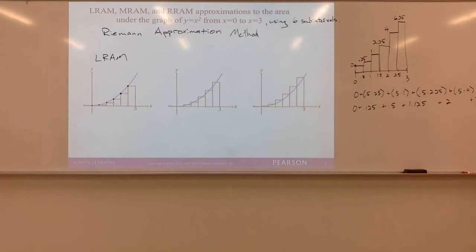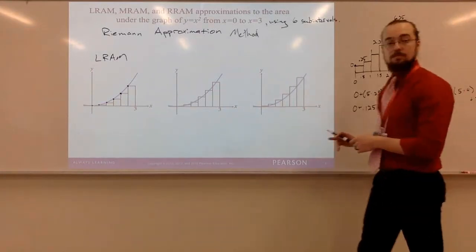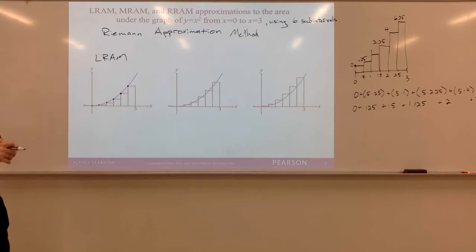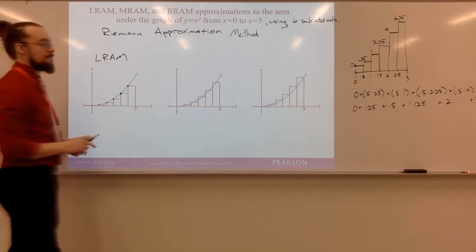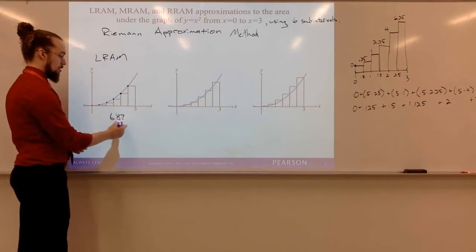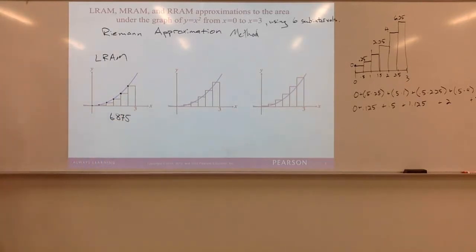So adding all of that up, 0 plus 0.125 plus 0.5 plus 1.125 plus 2 plus 3.125, what do we get? 11.375? That seems a little high. 6.875? That would do it.